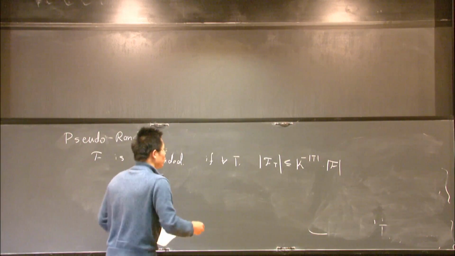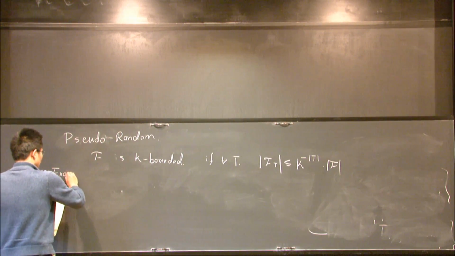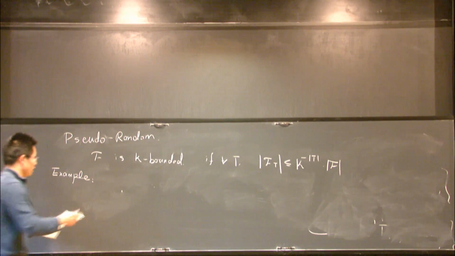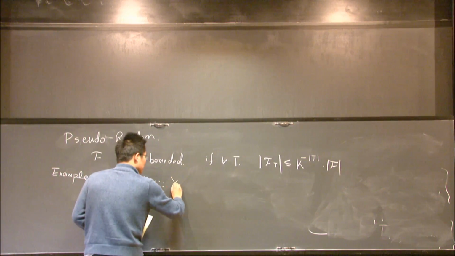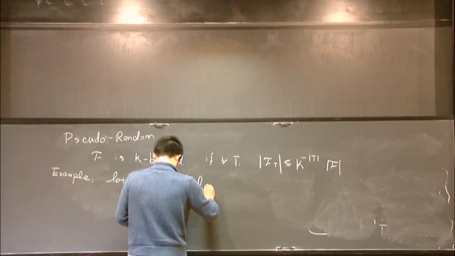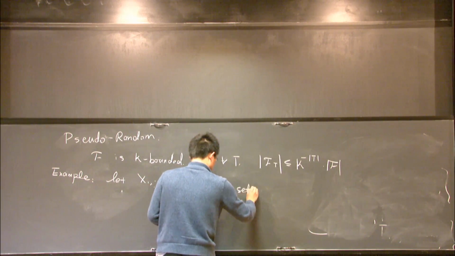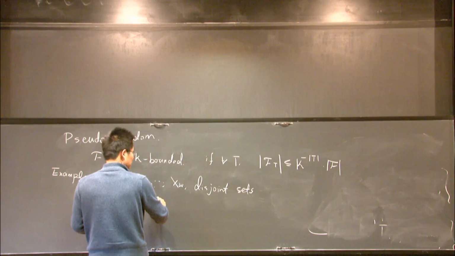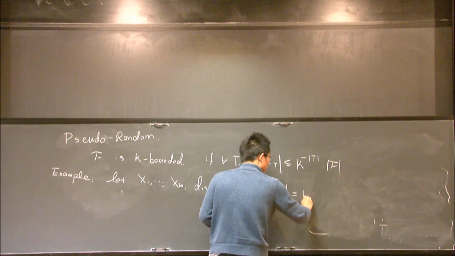We can check an example of a kappa-bounded set system. Say X1 up to Xw are disjoint sets, each of size kappa.